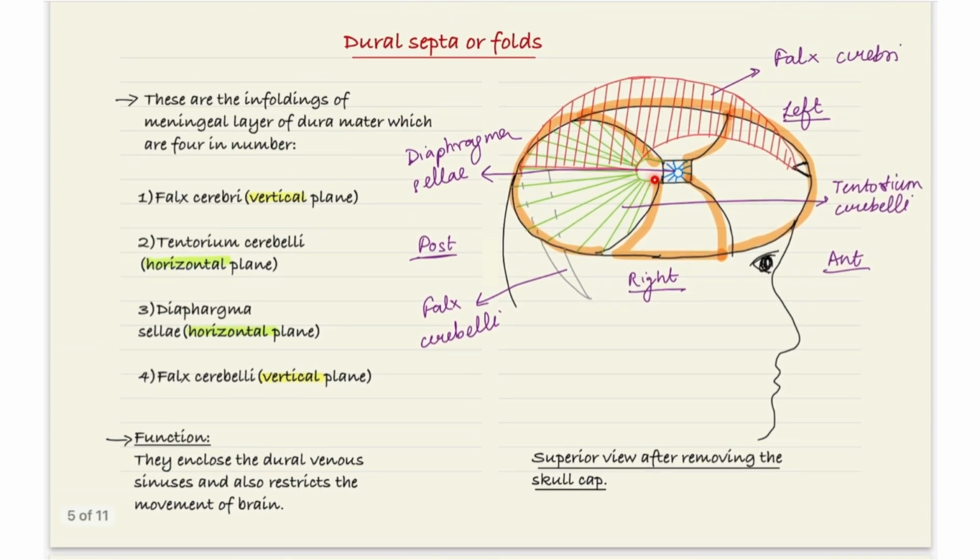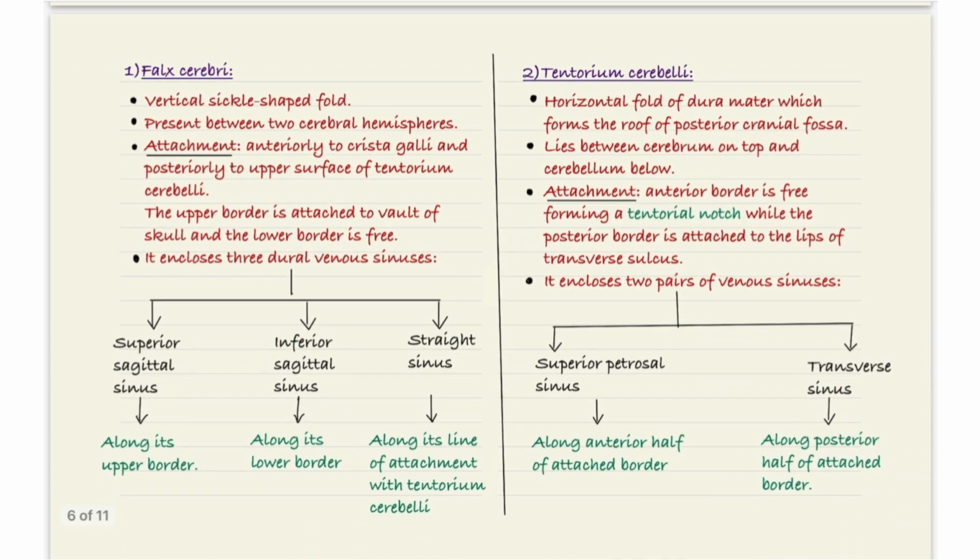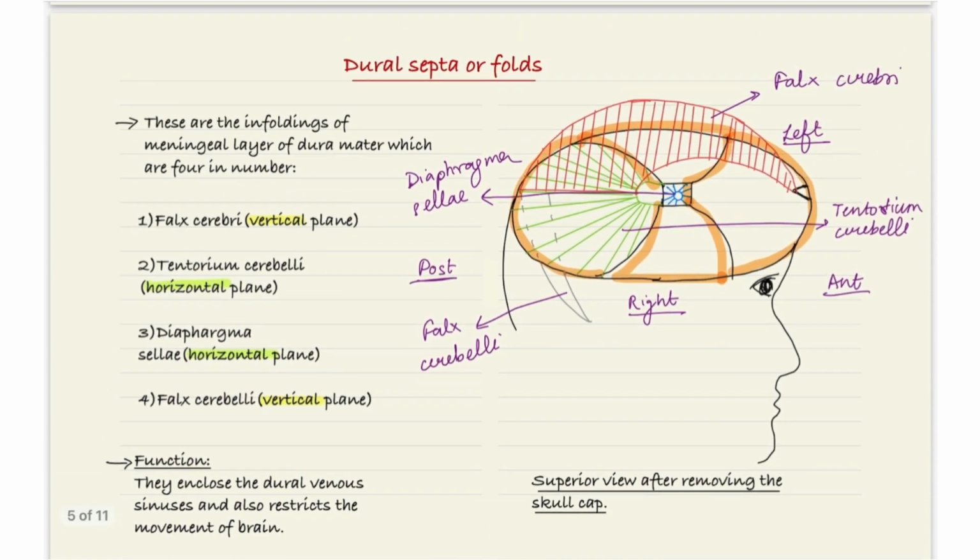This is the anterior border, which has no attachment, it is free, and hence the notch formed is known as tentorial notch. While the posterior border is attached to the lips of transverse sulcus. When you see the skull from inside, you will see the transverse sulcus. So the posterior border of the tentorium cerebelli is attached to the transverse sulcus.